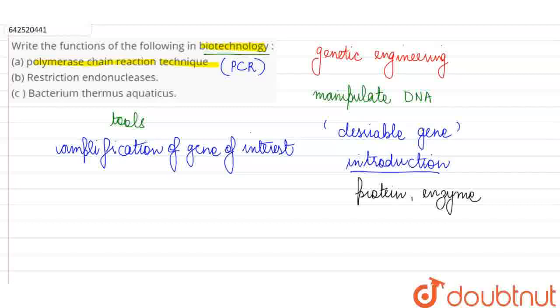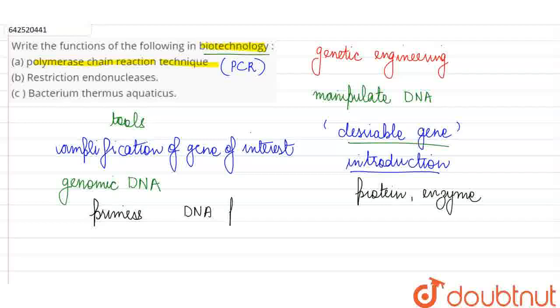So what we are doing in PCR technique is we take our genomic DNA, we take the DNA fragment that we have isolated, the desirable gene, and with the help of some primers and DNA polymerase enzyme, we generate a large number of copies of this gene.